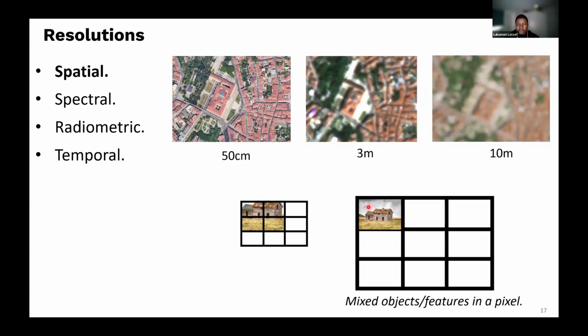So in a case where a single pixel contains almost 4 features, like the grass, the building, and maybe some other ground features, the reflectance from this pixel will contain several features, and it might be difficult for the model to properly identify what kind of feature is in this pixel. So that's what they call a mixed pixel.